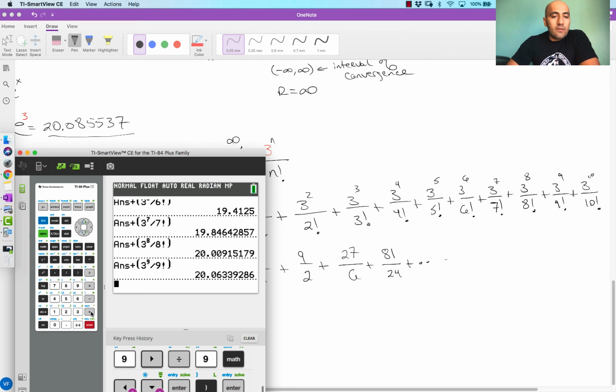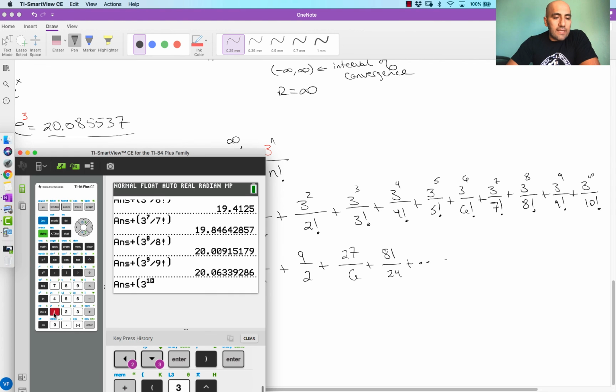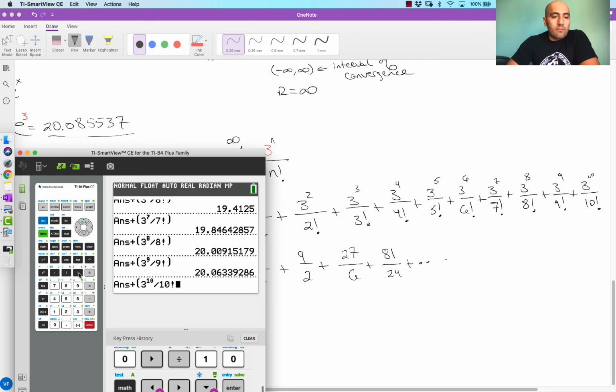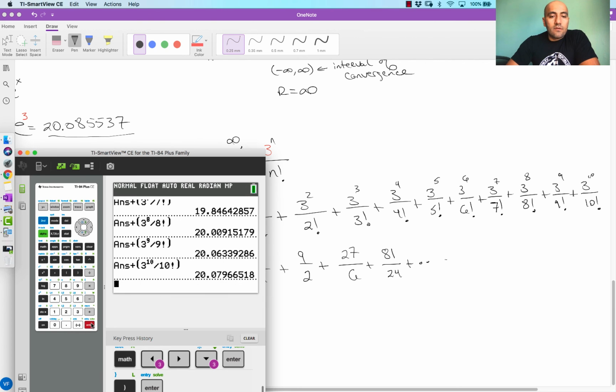And then the last one, previous number plus parentheses 3 to the power of 10 divided by 10 factorial. Enter. And you see we're getting closer and closer and closer to the exact value.